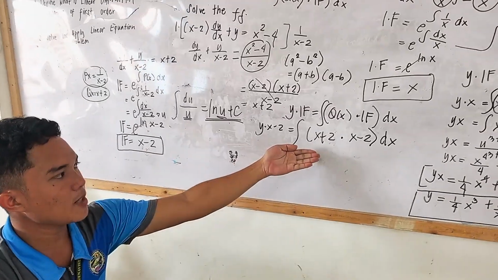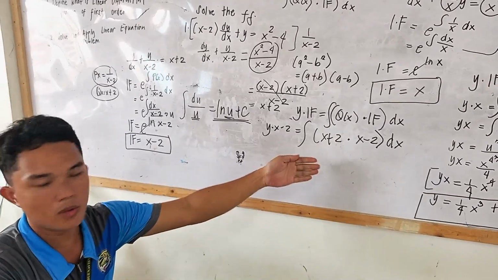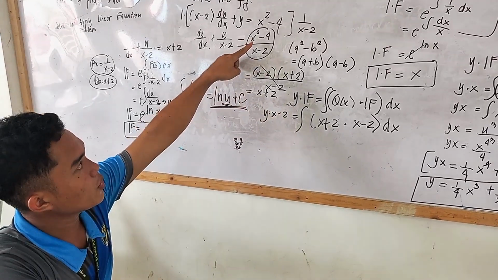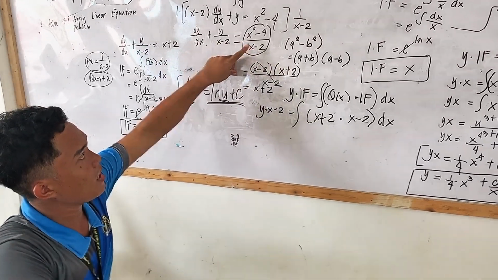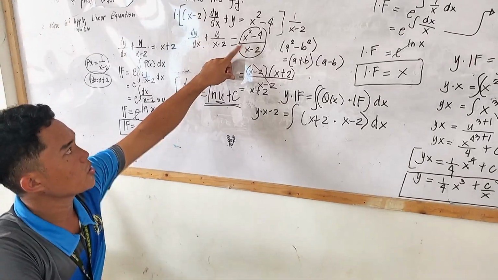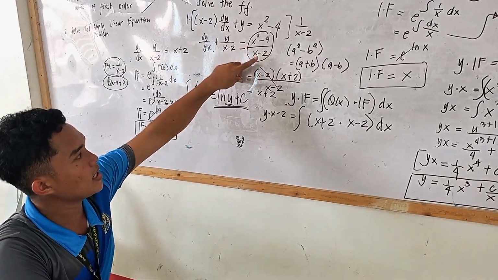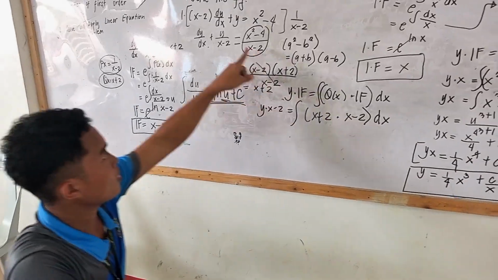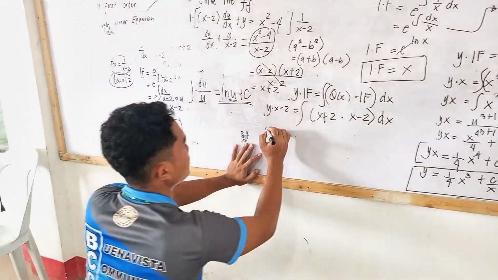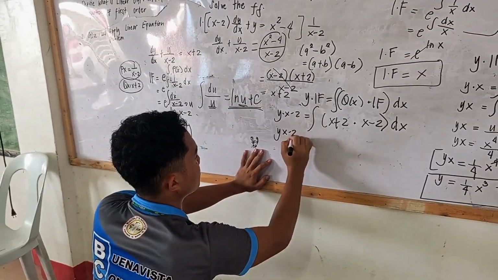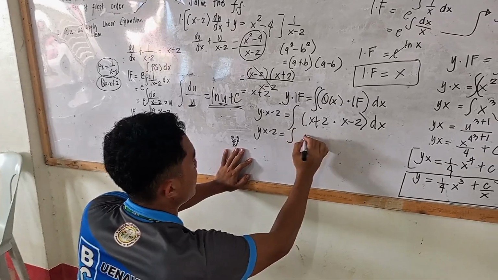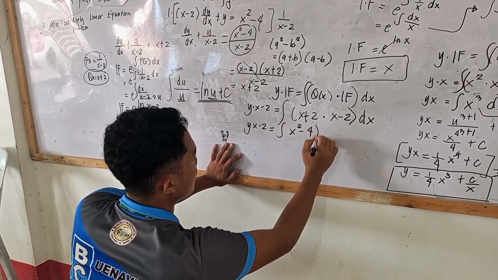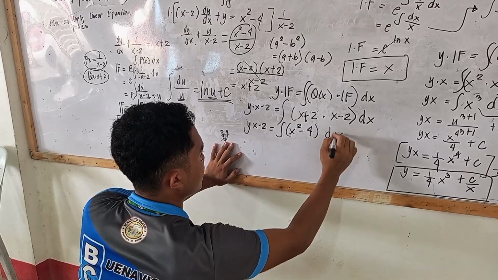Since x plus 2 times x minus 2 is the same as x squared minus 4 from the problem that we solved earlier, we can transform this x plus 2 times x minus 2 to x squared minus 4 dx.